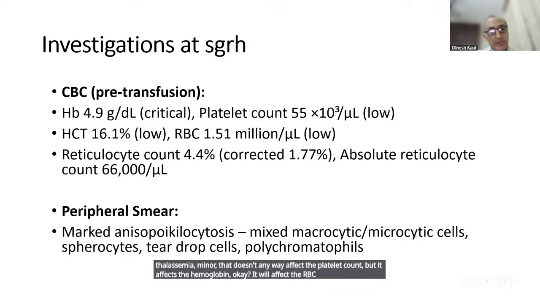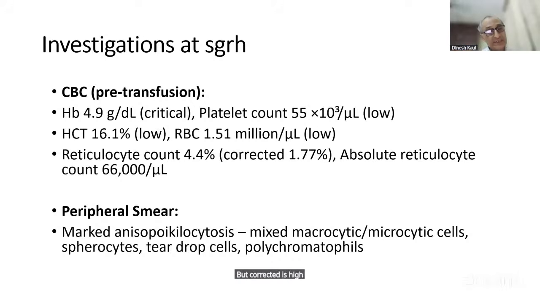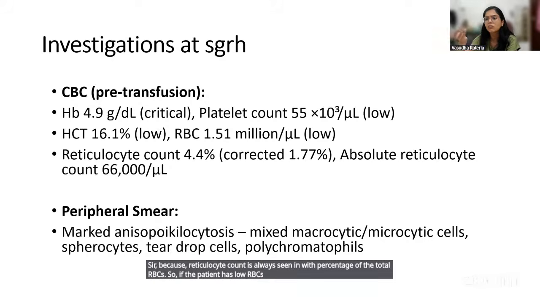It will affect the RBC. The total reticulocyte count is okay. The corrected is high, but why is this discrepancy? Sir, because reticulocyte count is always seen as a percentage of the total RBCs. So if the patient has low RBCs, then the retic count will look higher.